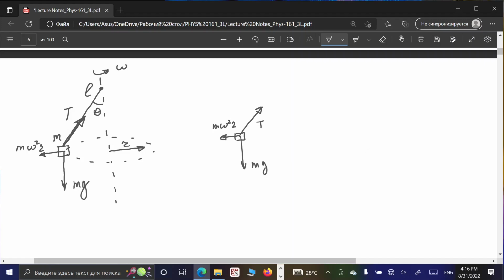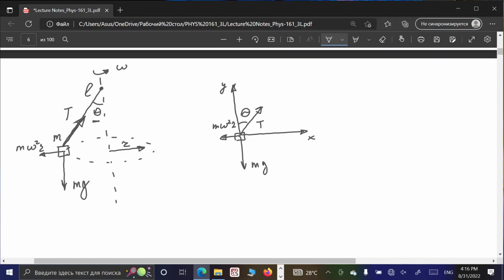So let us draw a system of coordinates, x and y. So now, if this angle theta is here, then here we will also have angle theta between the tension vector and the vertical y-axis.